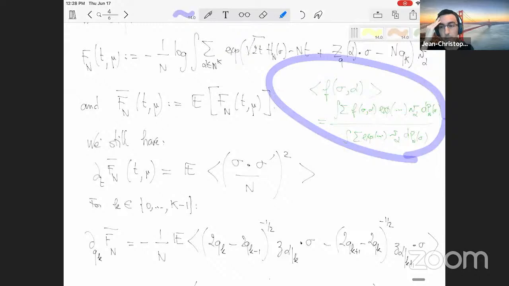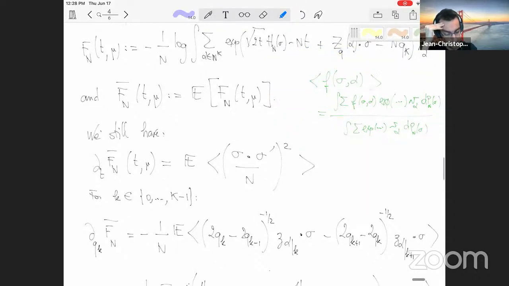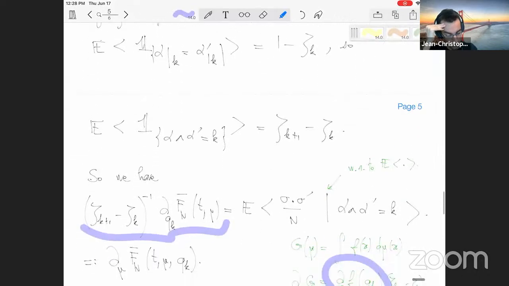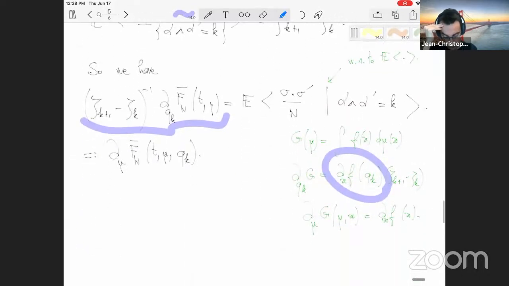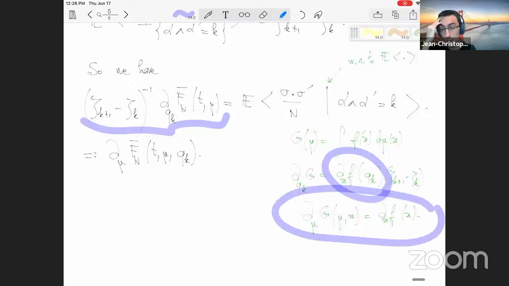It depends on what is in the dot dot dot in the exponential, and so in particular it depends on t and it depends on mu. You mean this? I suppose you mean this, yeah.